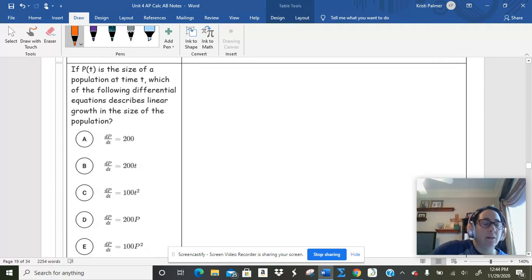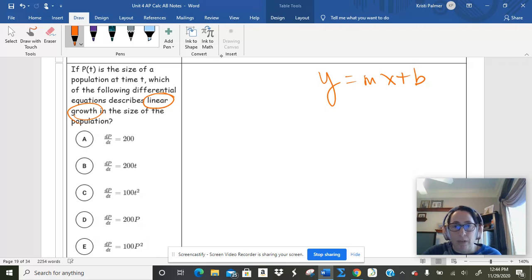And then let's read this one together. If P of T is the size of a population at time t, which of the following differential equations describes the linear growth in the size of the population? So if I want a linear growth, I know that I have y equals mx plus b. And when I have a linear growth, what do I know?